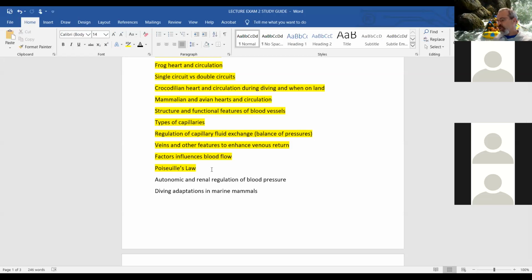If the blood pressure gets too low, how do we bring it up? And we spoke about two main components that can influence blood pressure. One is the autonomic nervous system, and the other one is the kidney. But let's first talk about the autonomic nervous system. Remember, that involves the sympathetic and the parasympathetic systems.